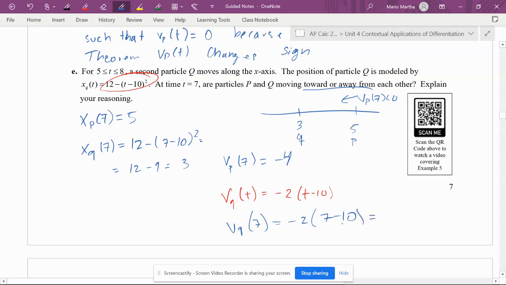We end up with -2 times -3, which is +6. So now we know that v sub q at 7 is positive, so it means it's going towards the right side. So just by looking at this, we can conclude that both particles are going towards each other.